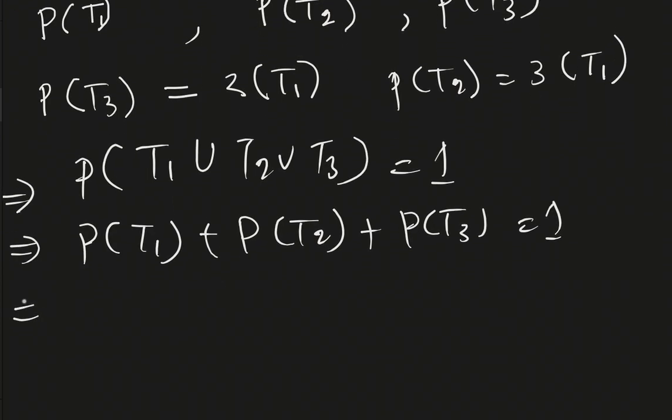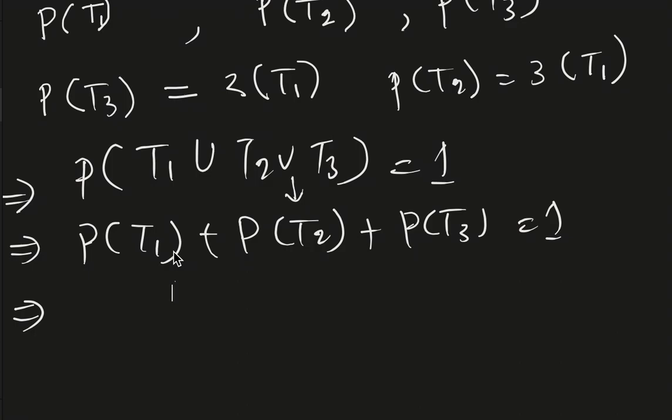We can write it from this step to this step because only one signal has been sent, and there is no event such that both signals are sent simultaneously, T1 or T2. That means these three are mutually exclusive events.